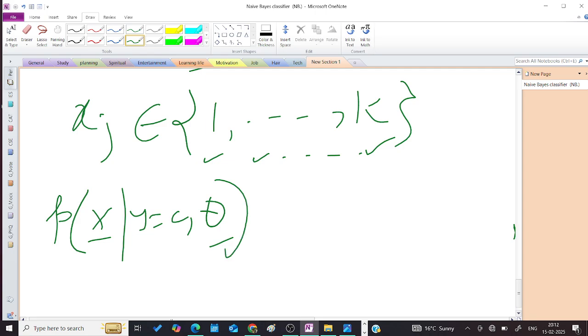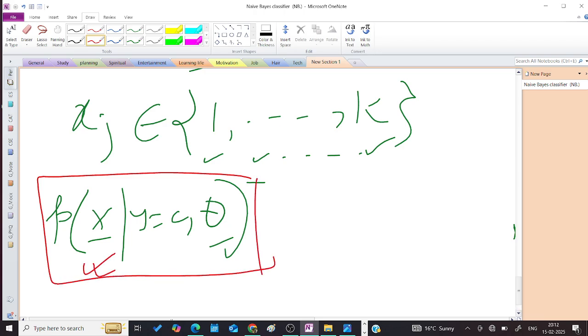See, what this actually means is, we are trying to guess what will be the new x, what will be the new data, and we want to find its class, about the probability given this model parameter and this class label.